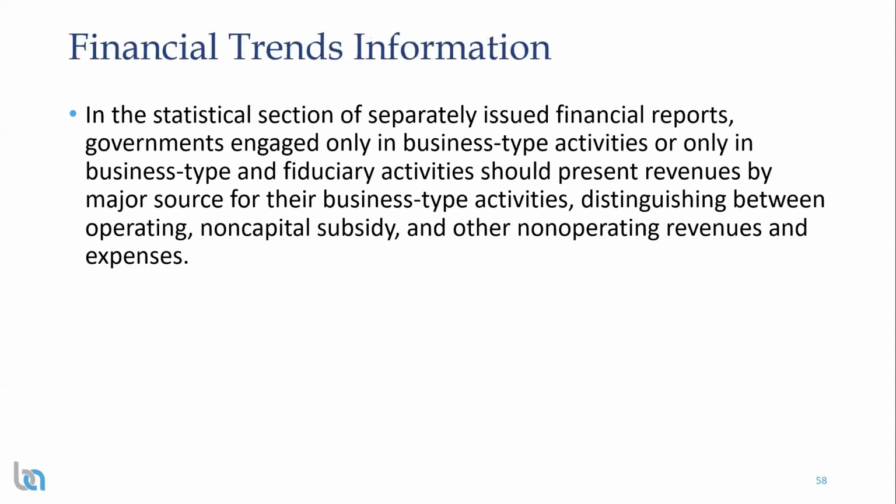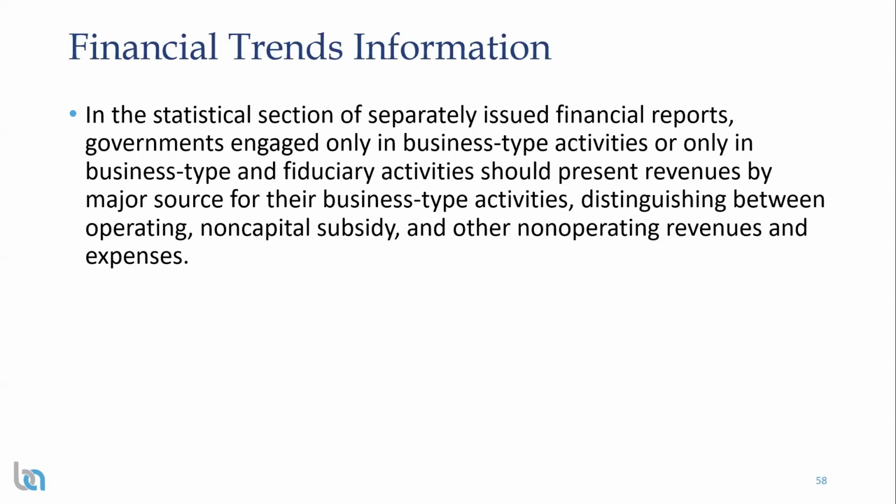And then financial trends, this is really going to be only for business type activity operations. So not your enterprise funds, but if you are a government that is a water district or a sewer district that only has business type activities, then in your statistical section, when it comes to revenues, you're going to have to provide the revenues by operating, non-operating, non-capital subsidies, unusual and infrequent, basically the categories that we talked about.